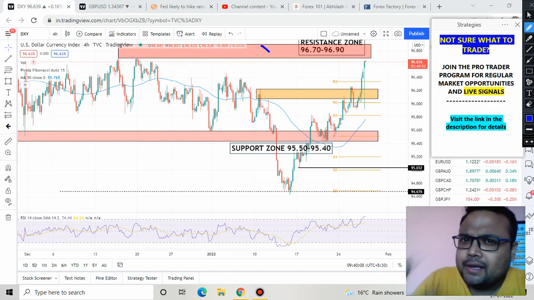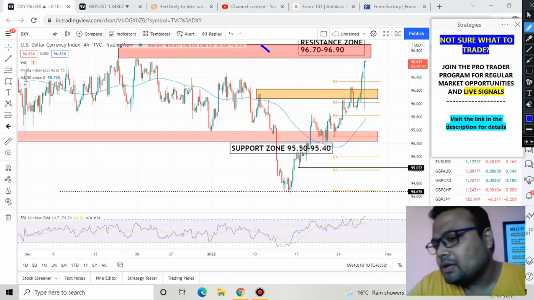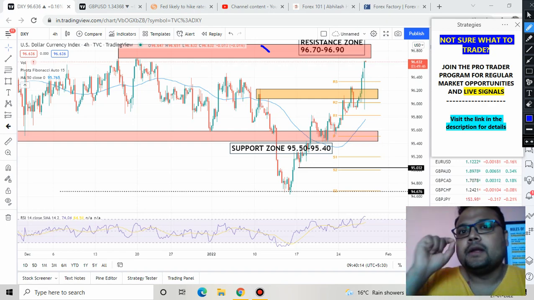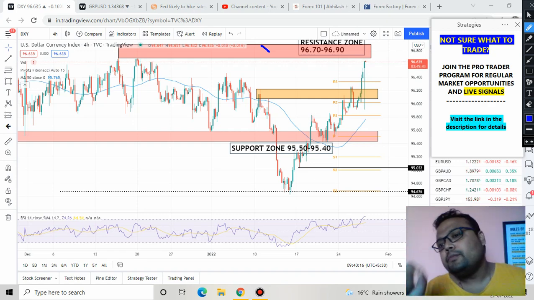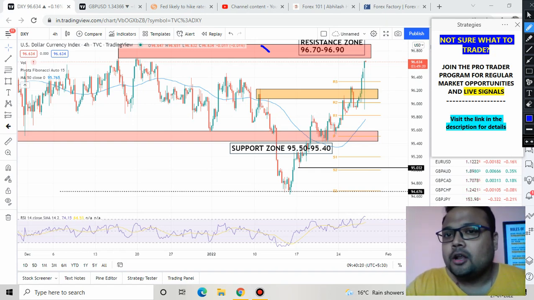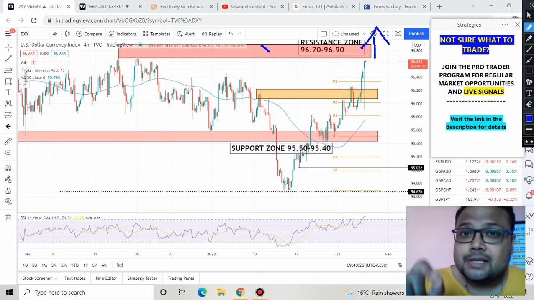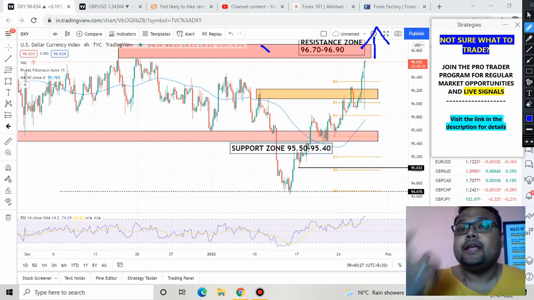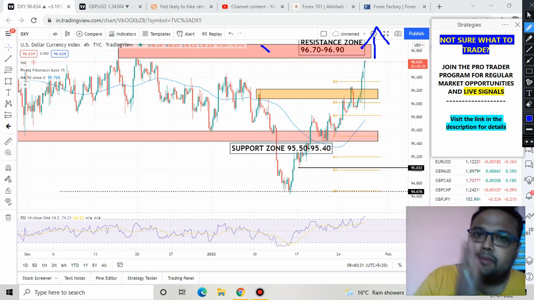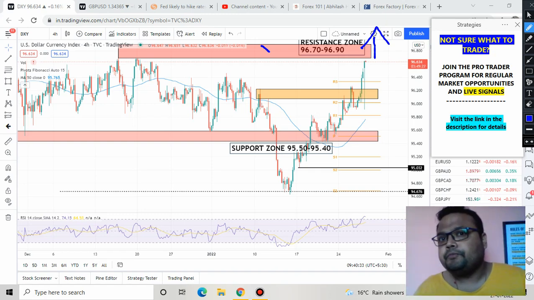When the events come up, there is a possibility that dollar will be at a resistance. If the events support upside movement of the US dollar, then dollar will break the resistance and go up. And if dollar breaks the resistance and starts going up, then definitely we will see fresh selling on GBP USD, Euro USD, and gold.